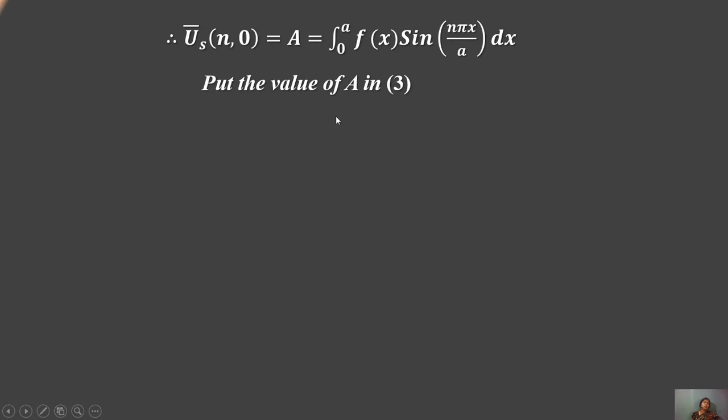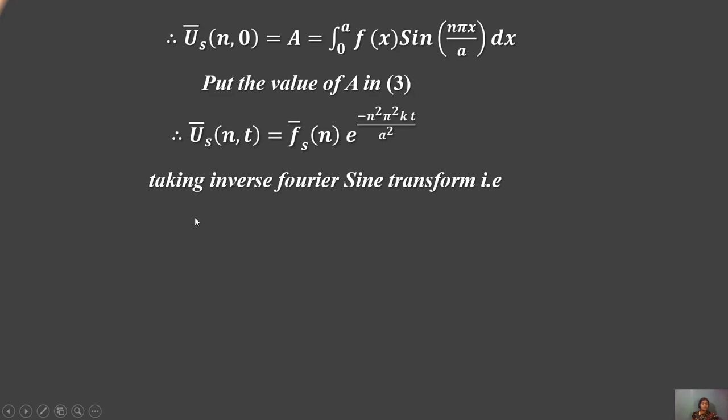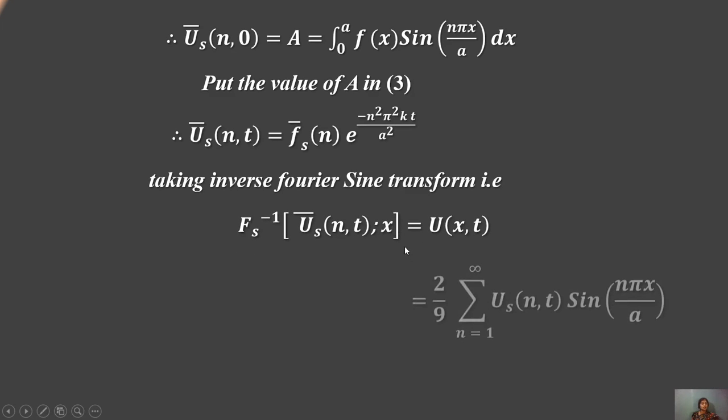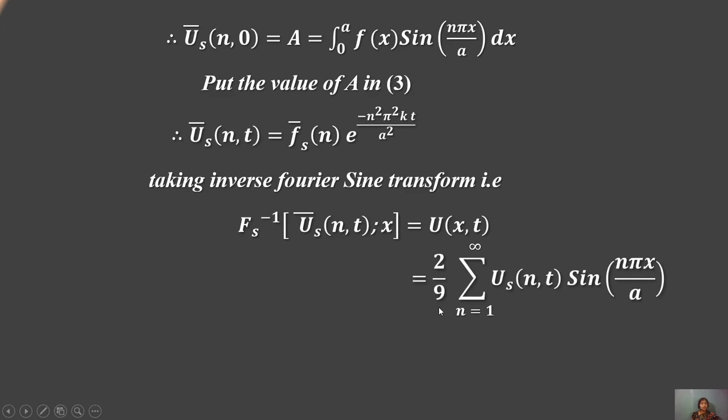Put this value in equation 3, that is a, giving e to the power minus n square pi square kt upon a. Then taking the inverse Fourier sine transform, the function sine inverse of us nt at x equals u x t is generated, that is 2 by a summation n equals 1 to infinity of us nt sine n pi x upon a.